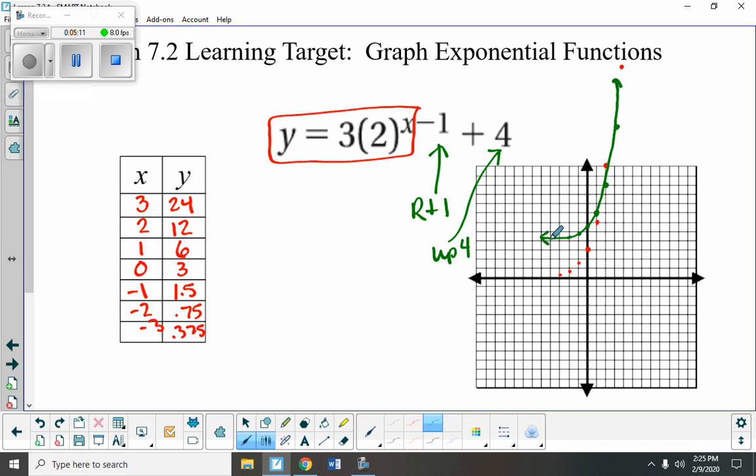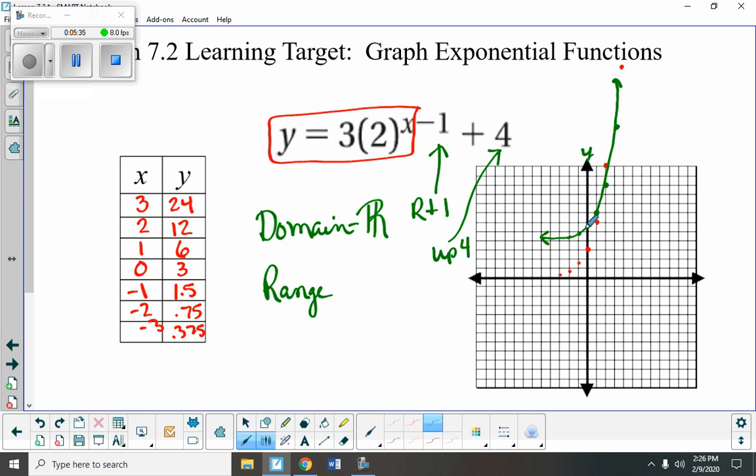Now, we also want to talk about the domain of your final graph and the range. For the domain, that is referring to your inputs. You could put in positive numbers, negative numbers, and zero. So we would say your domain here is all real numbers. However, the range, that's referring to your y values.